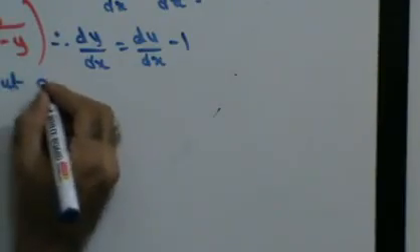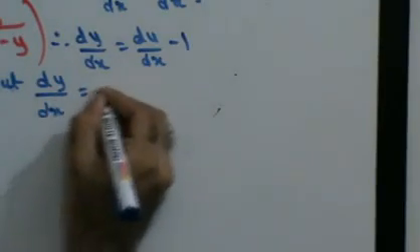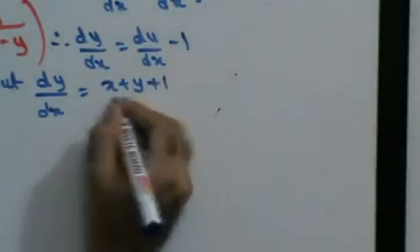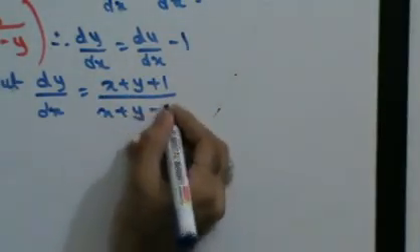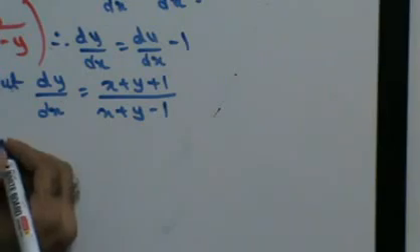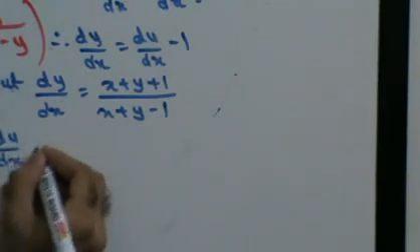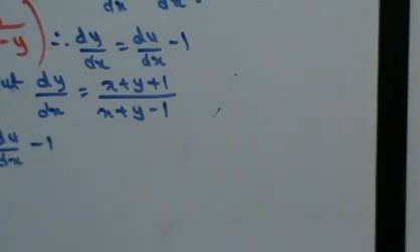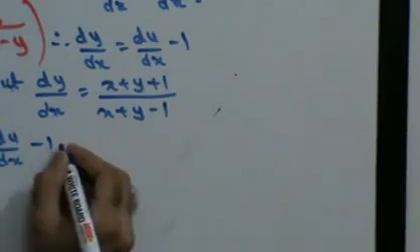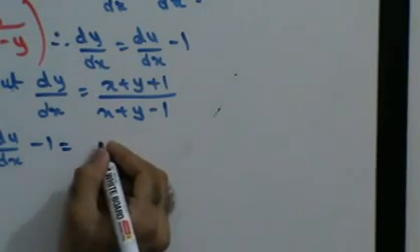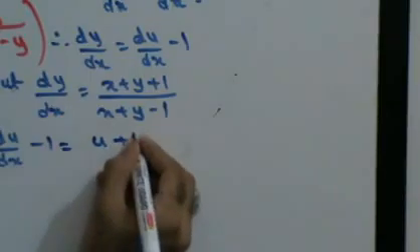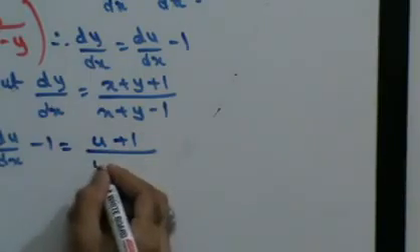Right? Once you have this, they've given you that dy by dx is equal to x plus y plus 1 upon x plus y minus 1. dy by dx you just found out is du by dx minus 1, which is equal to, x plus y can be written as u, u plus 1 upon u minus 1.